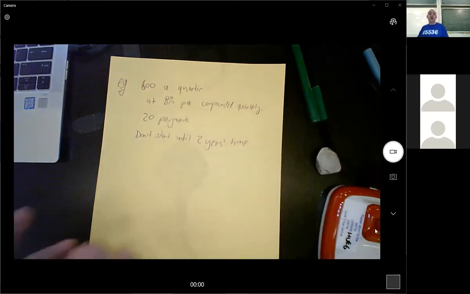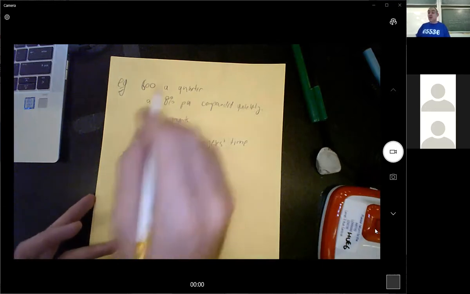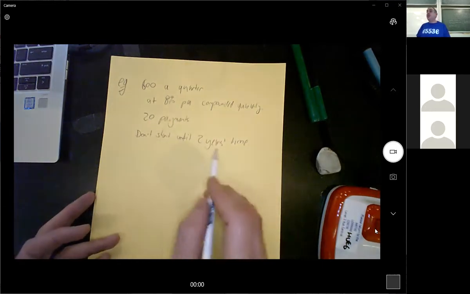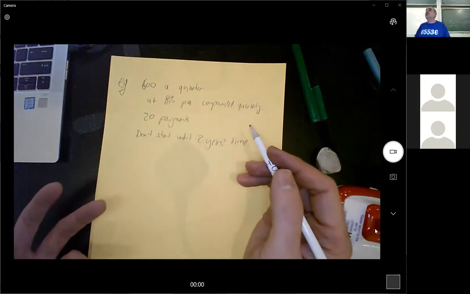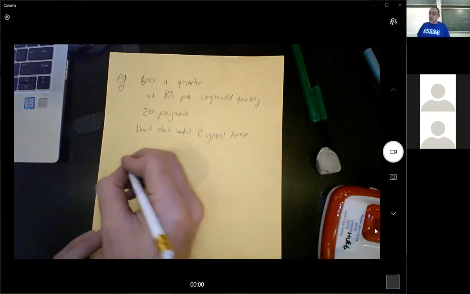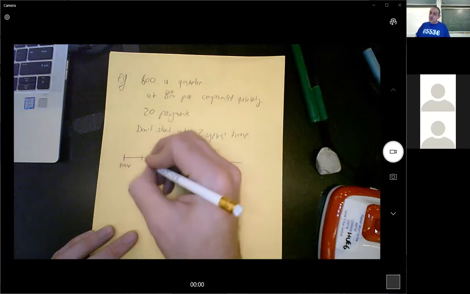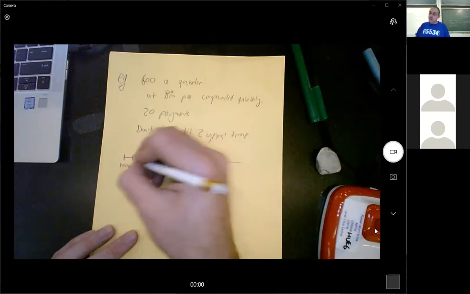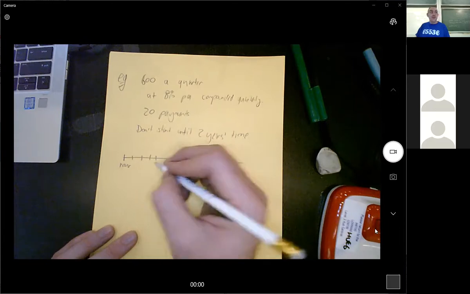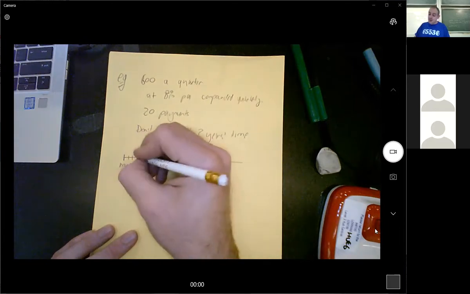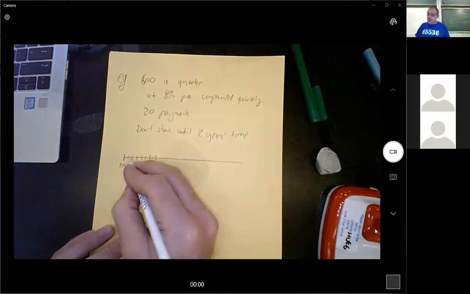This is called a deferred annuity because it's still an annuity, but it doesn't happen until later, which is what the word deferred means. So the story is that here's now, and then we've got 1 quarter, 2 quarters, 1, 2, 3, 4 quarters. That's the first year, and then 1, 2, 3, 4.